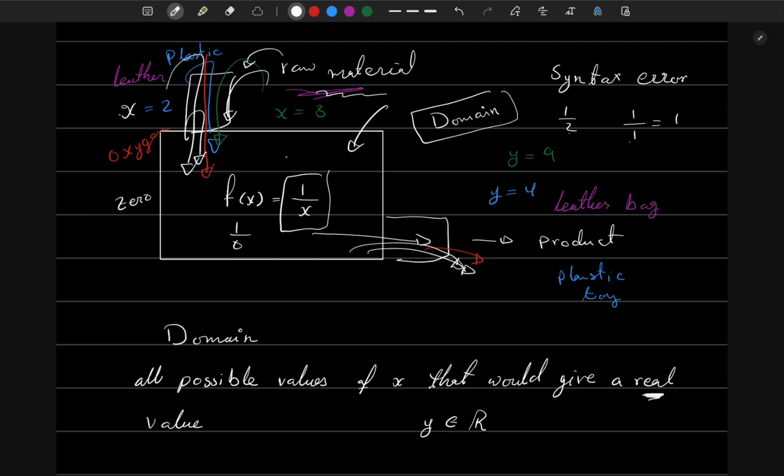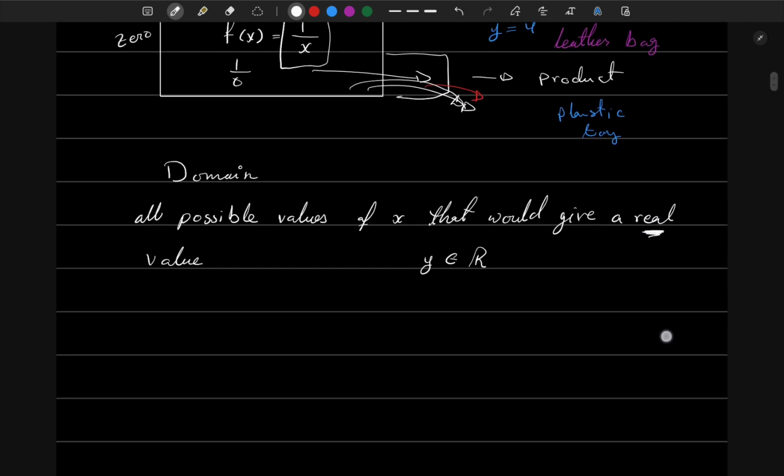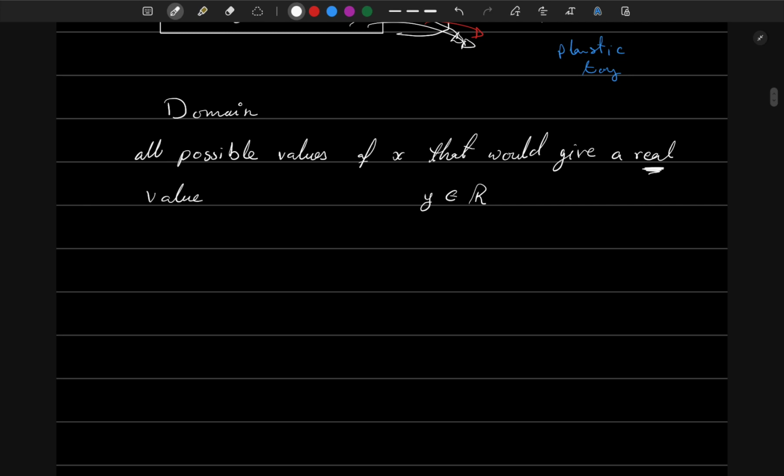So pretty much that is the simple explanation of domain. But through this simple explanation, we can find it easy now to get all kinds of domains to different functions.